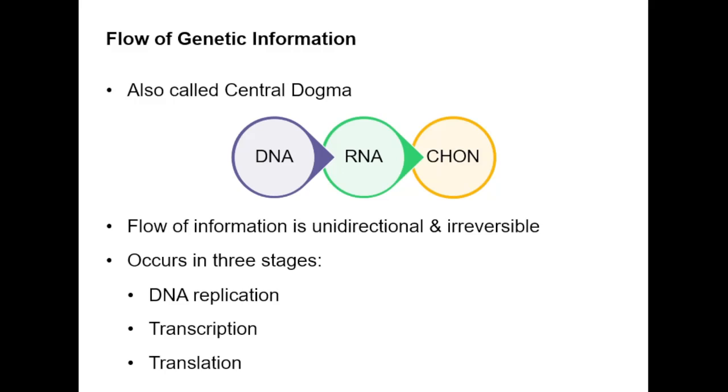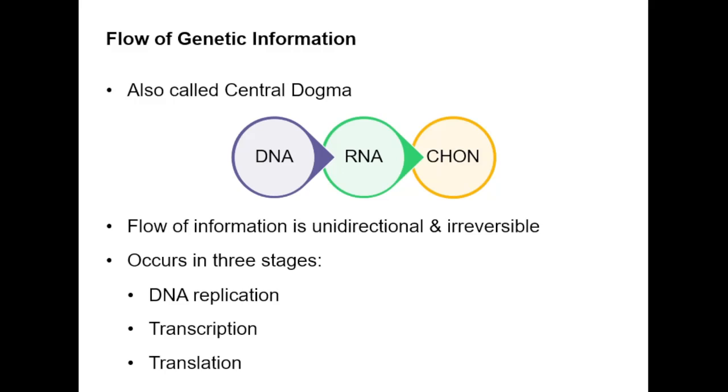DNA must first produce an RNA, and it will be RNA that will be used to produce the protein. This flow of information from DNA to RNA to protein is commonly unidirectional and is irreversible. This means that we cannot produce DNA from proteins, nor can we produce RNA from proteins.